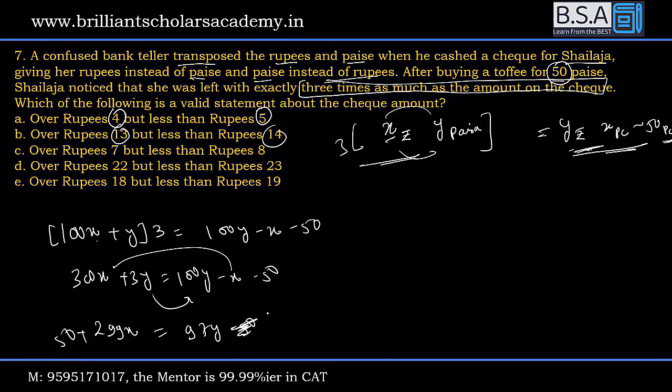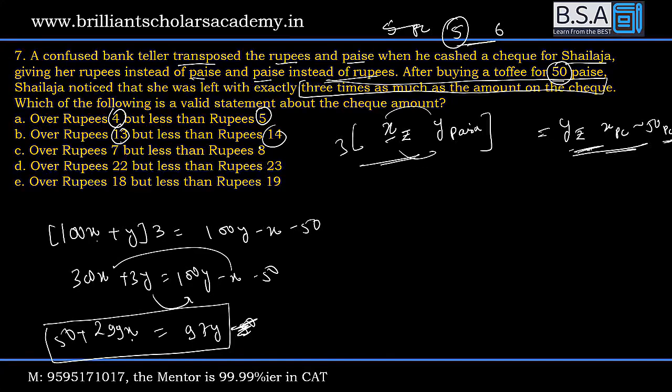Now see, if I tell you I have 5 rupees and some paisa, or if I tell you I have money between 5 and 6 rupees, then rupees are 5, right? So the only thing you need to do is, if someone has money between 4 and 5 rupees, put x is equal to 4 and see. Are you getting an integer value for y?